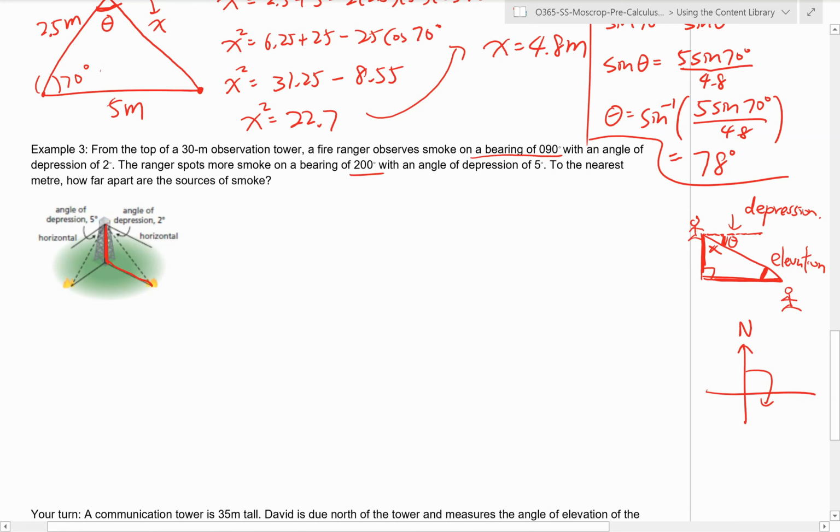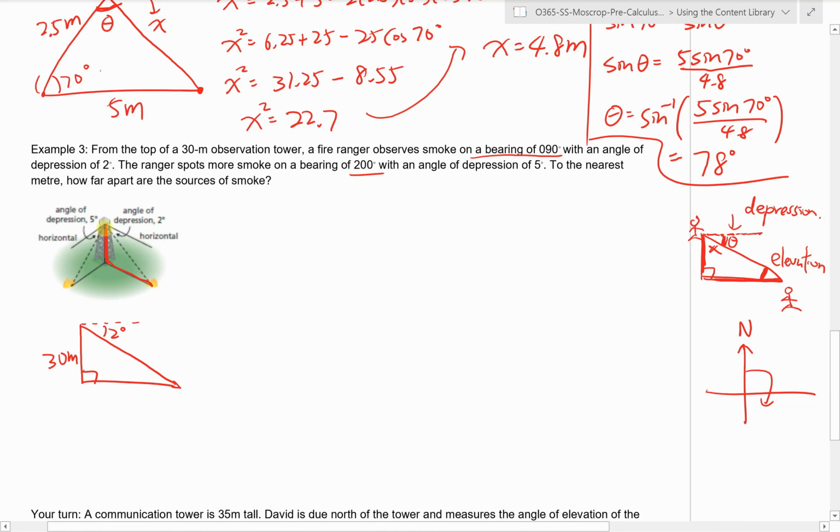This is on a bearing of 090 degrees. Okay, and that means we have this triangle. The height of the tower is 30 meters. And the angle of depression is 2 degrees, so this is 2 degrees. So this is our first triangle.